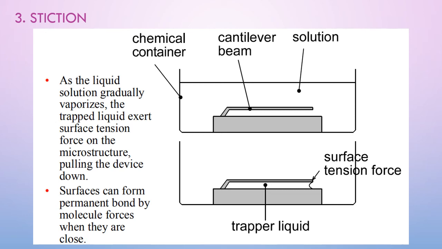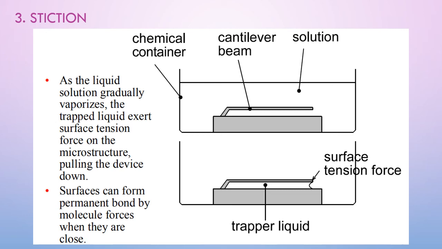As the liquid solution gradually vaporizes, the trapped liquid exerts surface tension force on the microstructure, pulling the device down. This one shows the chemical container where the etching material is placed inside here, and this is the cantilever beam that needs to be produced.